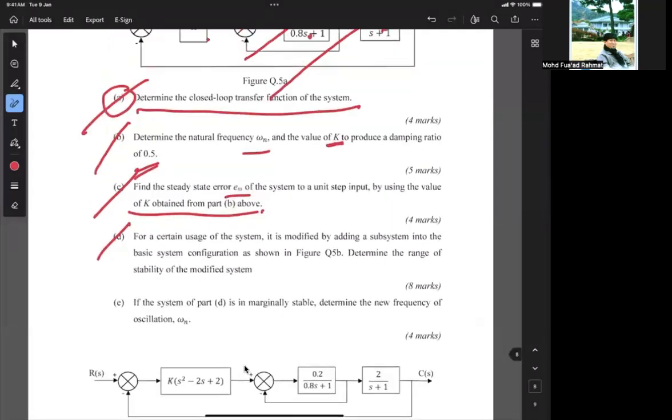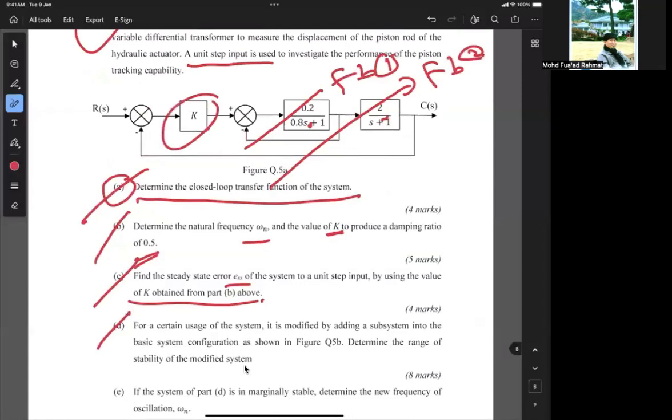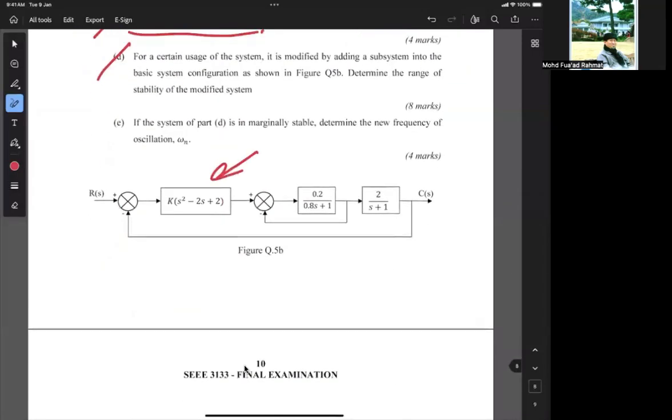So you add this, and instead of K here, change to here. You add another one. Okay, this one.